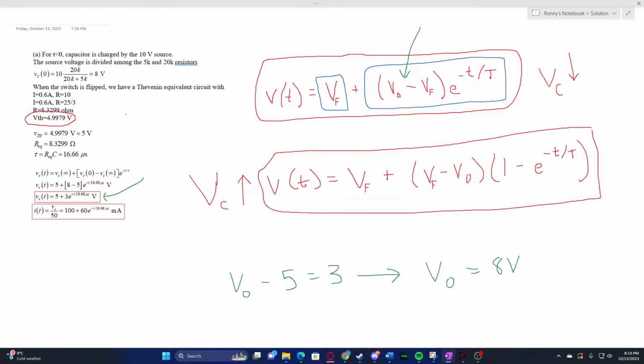They're saying something about 25 thirds, which I'm not sure where they're getting that. What is 25 thirds? 8.3333 something ohms. Okay.